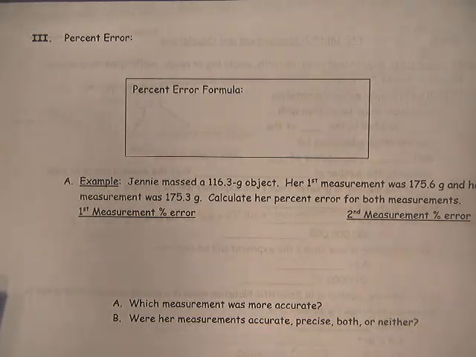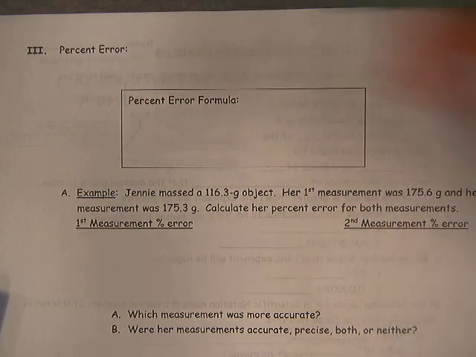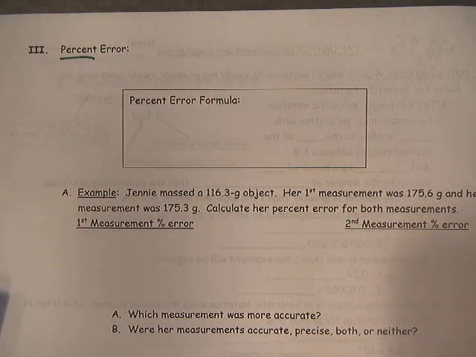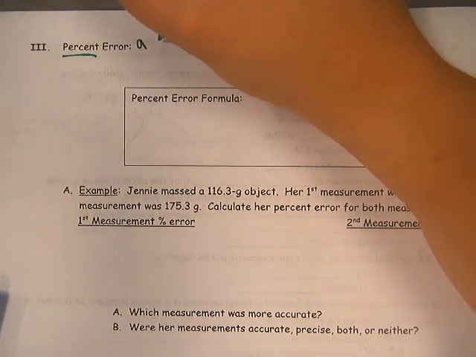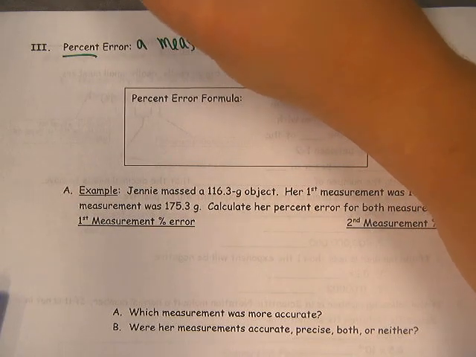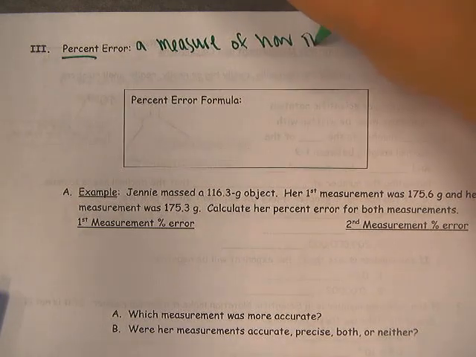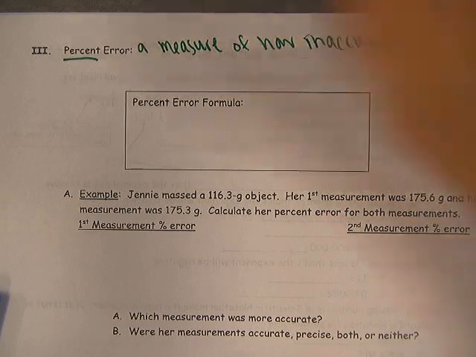On the top of page 2, we are learning about percent error. And percent error is, first of all, going to be a percentage. What we are measuring with percent error is how inaccurate something is. So it's a measure of how inaccurate something is.